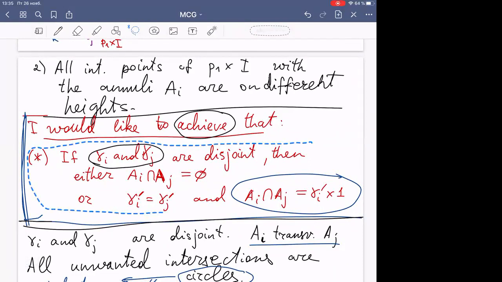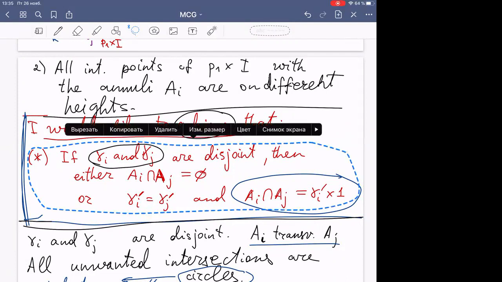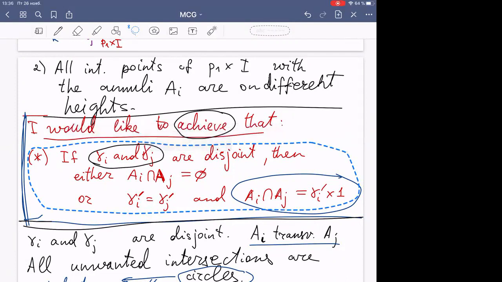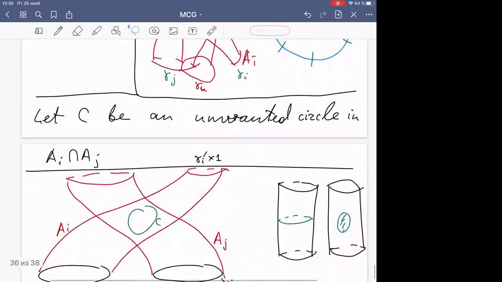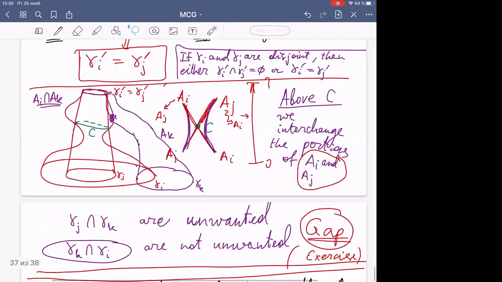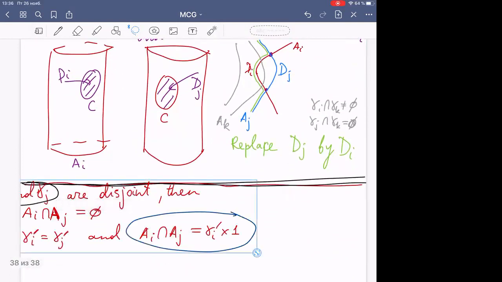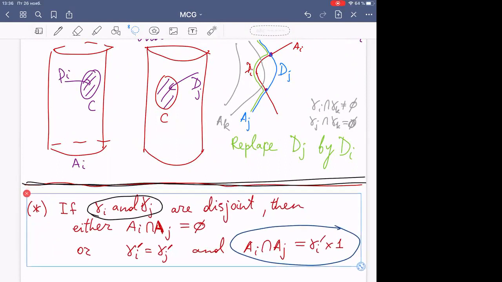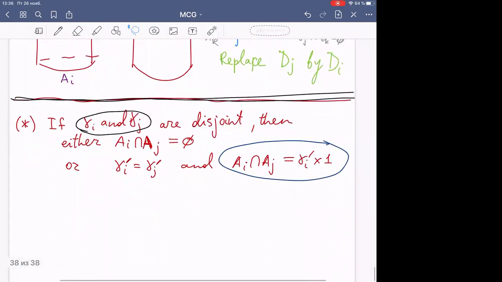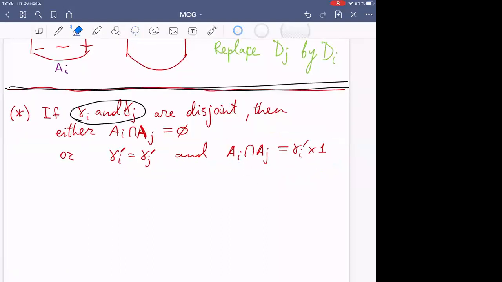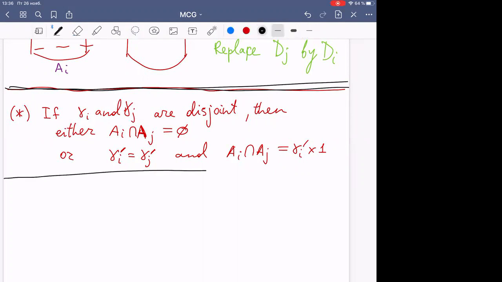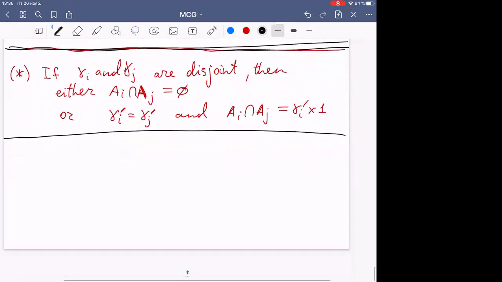I think that maybe this can be made a good proof by some more delicate study. So suppose that we have done this and this condition is satisfied. Now, how does this help us?